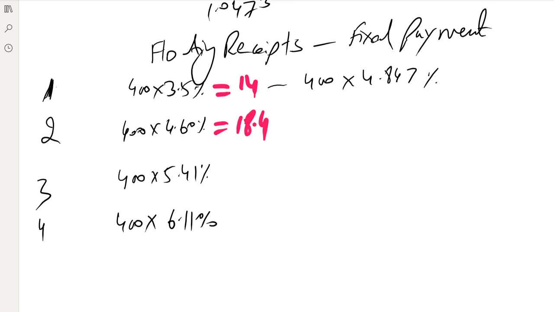Then 18.4, 21.64, 24.44. And what about fixed payment? Every year it will be fixed at 19.388.